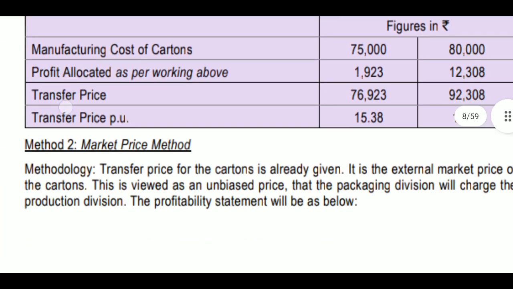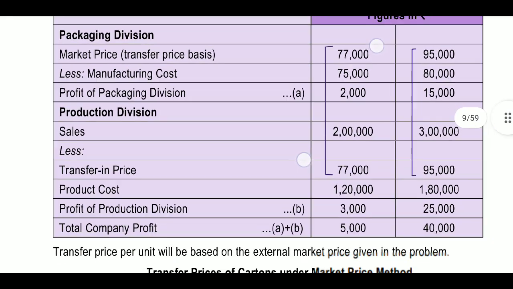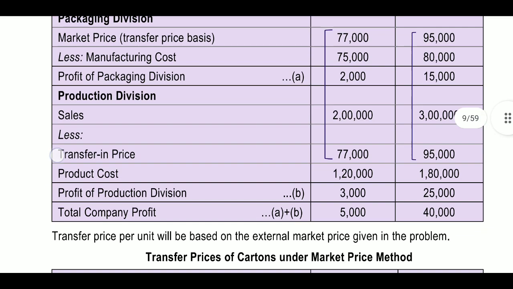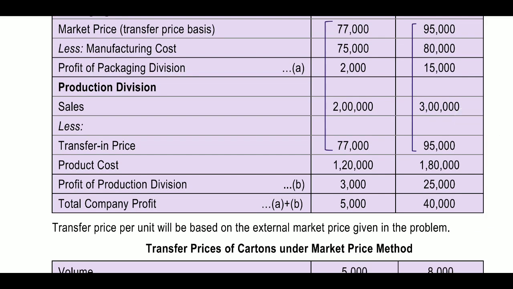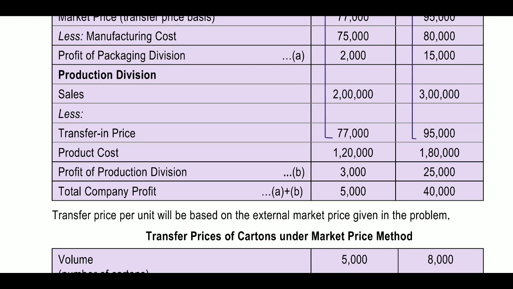Let's see what profit is provided here. The profit for the packing division is 77,000 minus 75,000, so 2,000. For the production division, sales are 2 lakhs, the market price is 77,000, and the product cost is 1 lakh 20, so the profit for the production division will be 3,000 and 25,000. The total company profit will be 5,000 and 25,000.